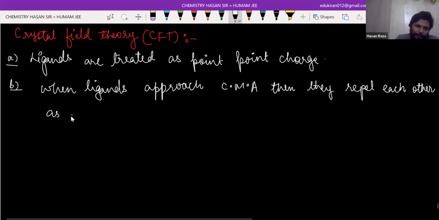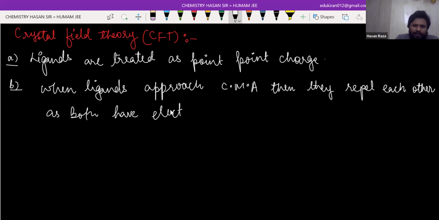Very simple: the central metal atom also has electrons and the ligands also have electrons. So when ligands approach to make a bond with the central metal atom, they will repel each other.